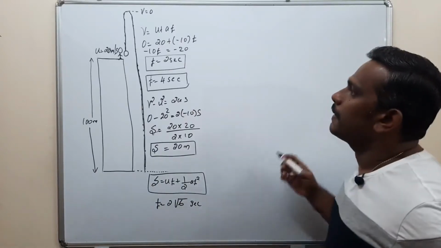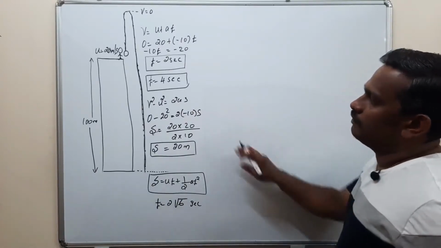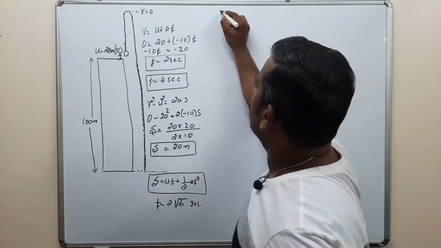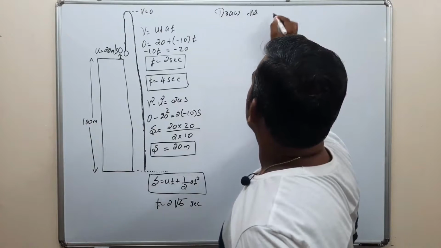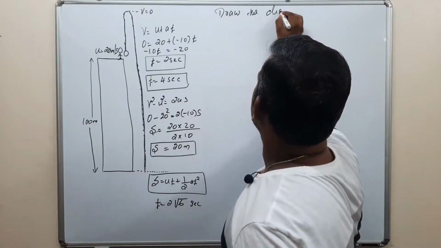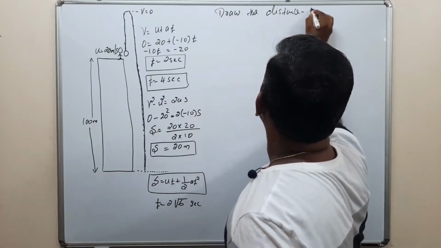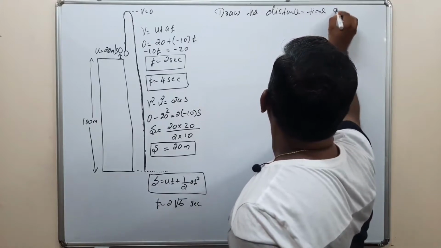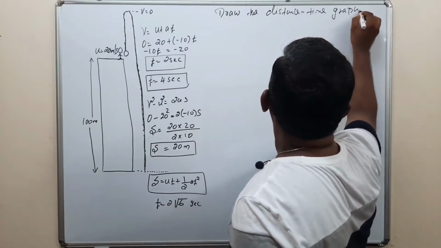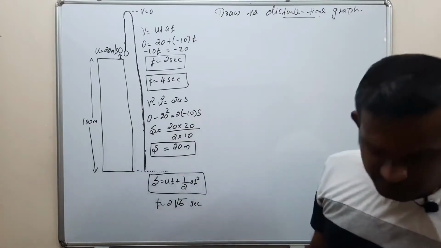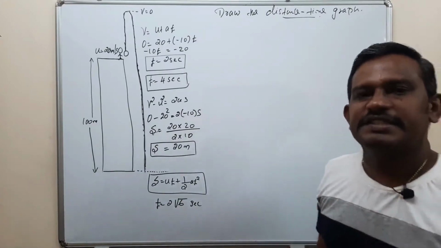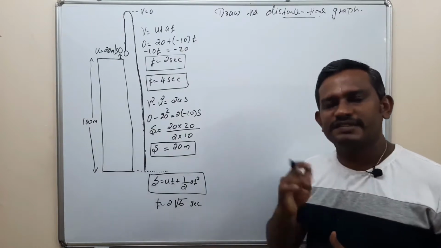Next, for the same case, draw the distance time graph. When we draw the distance time graph, the distance is always positive.